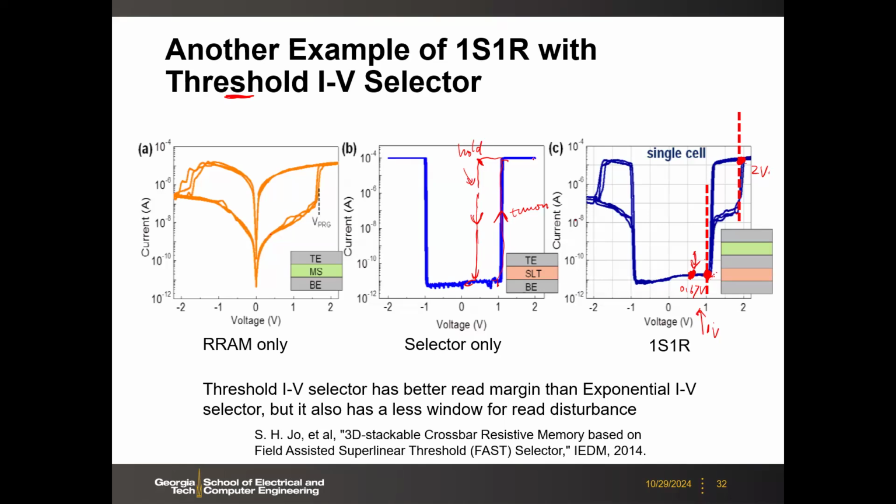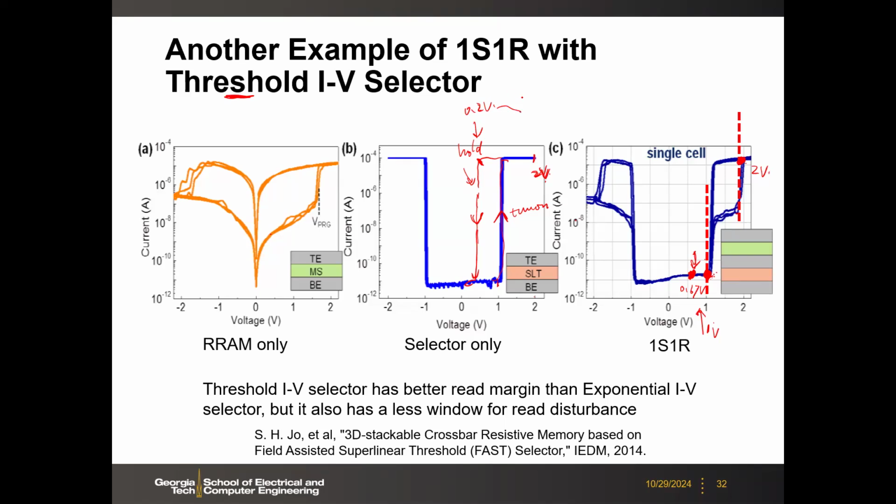In other words, first you need to turn on the selector. For example, here you apply 2 volts to turn on the device, including writing the R1 cell. But once you apply 2 volts across this 1S1R, once the selector is turned on, you only need, for example, 0.2 or 0.3 volts to hold the on state.